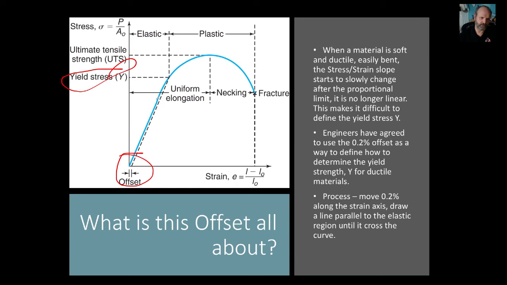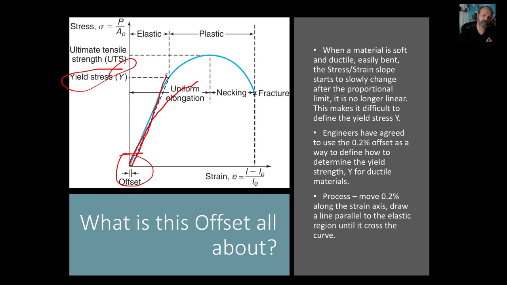So you might get a curve. Say you have a very short elastic region, and then the curve starts to bend over a little bit, a little bit, a little bit. And it's like, well, where does it stop being straight and start being plastic? Well, the way you do that is you take a look at your curve, and then you go over by an offset, and then you run a parallel line to that straight part.